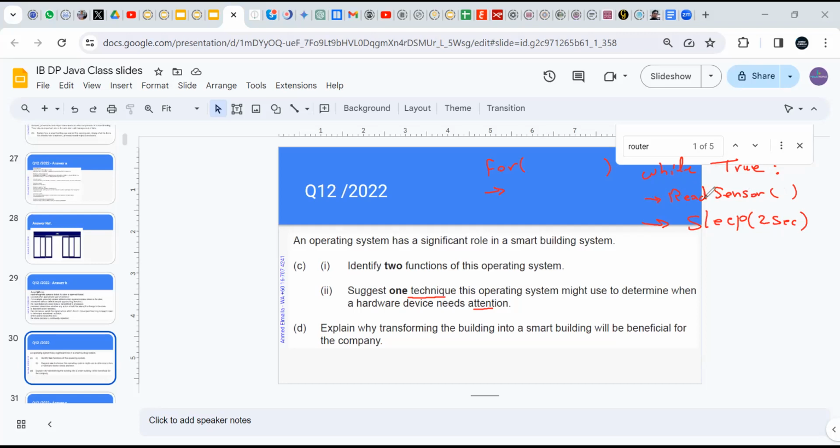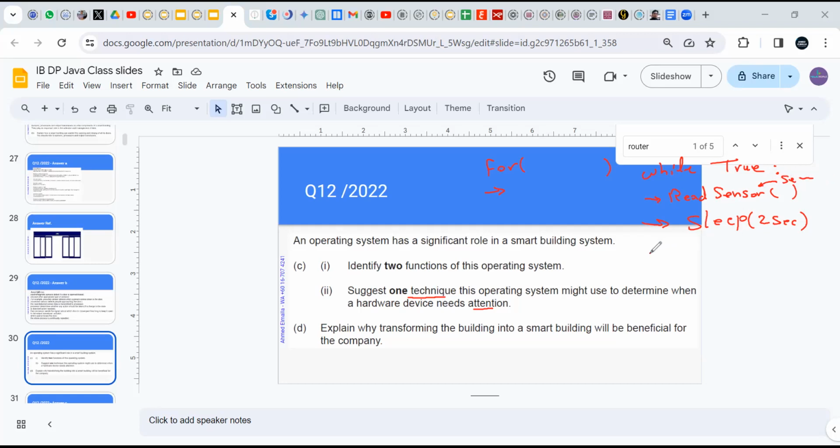So this is polling. You are reading all the sensors, and then you sleep for 2 seconds, and then the while loop will come again and read all the sensor data. So every 2 seconds, you keep reading all the sensor values. You can divide it. You can say here, for example, this is the door sensor.